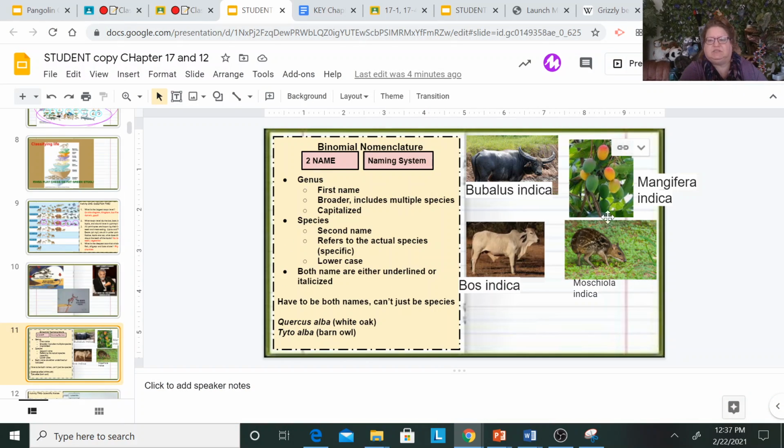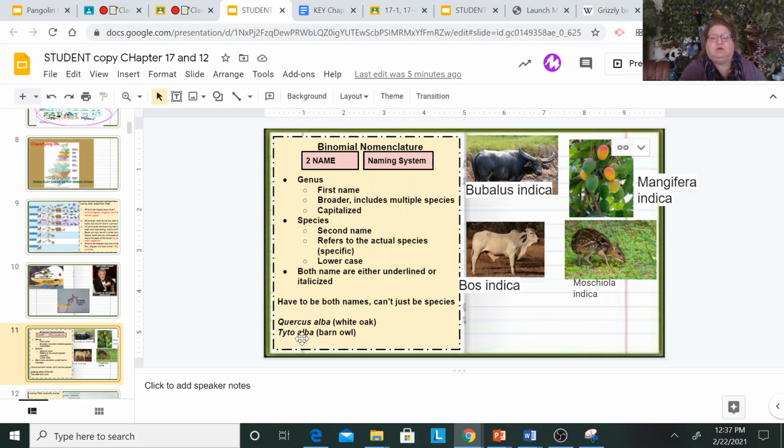You can't just use the species name, and I'll show you why. The species is often named after where the species is, or the environment, or the habitat. It could be a description of the animal. So, for instance, the Quercus alba is the white oak. Quercus is the genus name for oaks. Alba refers to the fact that it's white. Albino, alba, there you go.